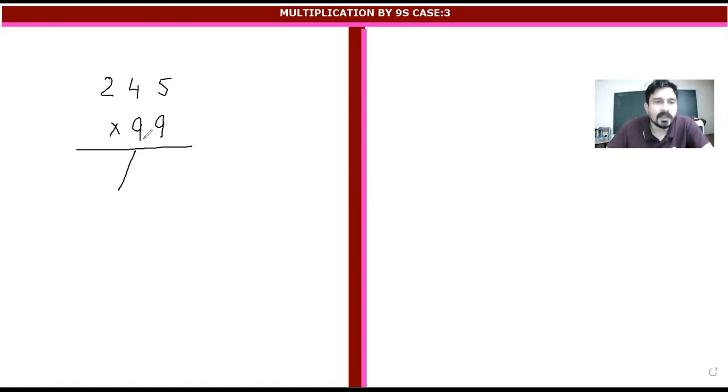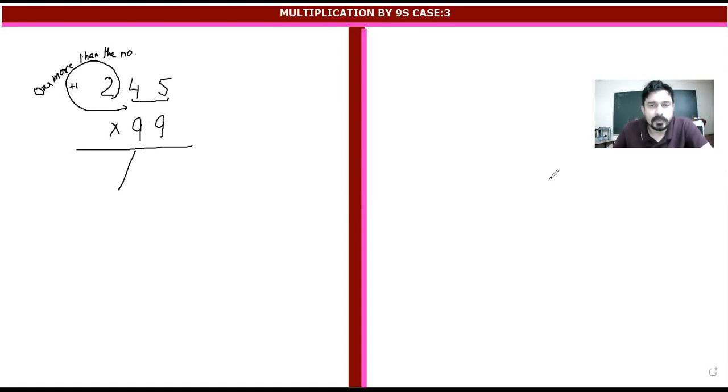In the first part, we will count the number of nines and leave as many digits. Like here, there are two nines. So we are going to leave these two digits and the remaining, which is 2 in this case, is to be increased by 1. It is called Ekadhikena Purvena, which in English means one more than the previous one.